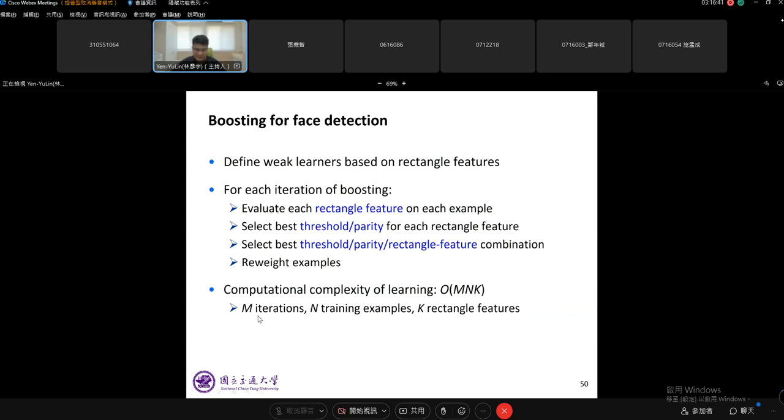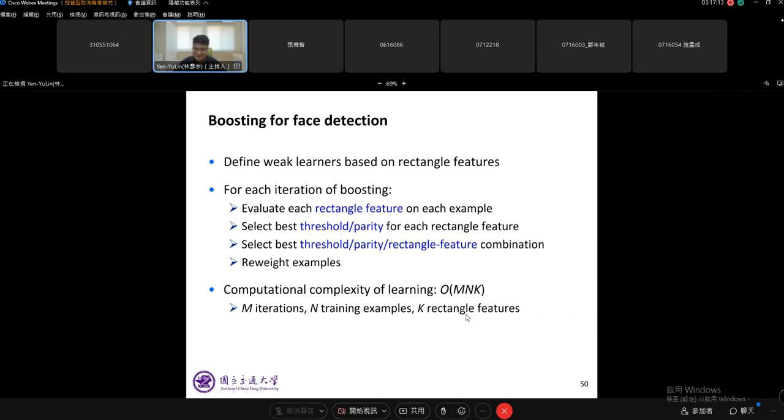M is the number of iterations. If we want to train a strong classifier with capital M weak learners, we need to run the process with M iterations. Also, we need to calculate the weighted error, so the complexity is proportional to the number of training examples. N is the number of training examples.